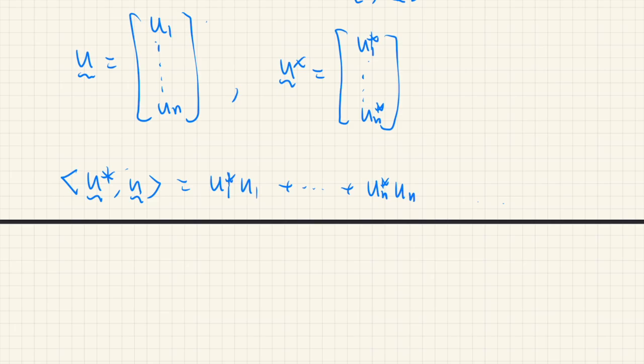But u1 times u1 star means the modulus of u1 squared, and so on, up to the complex modulus of un squared. And since the eigenvector cannot be the zero vector, this must be strictly greater than 0.